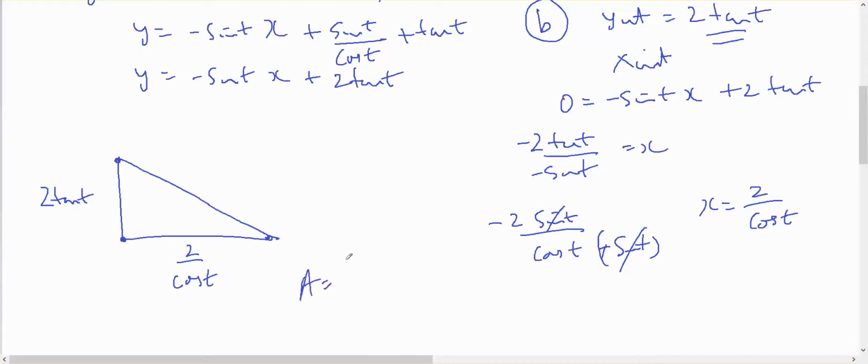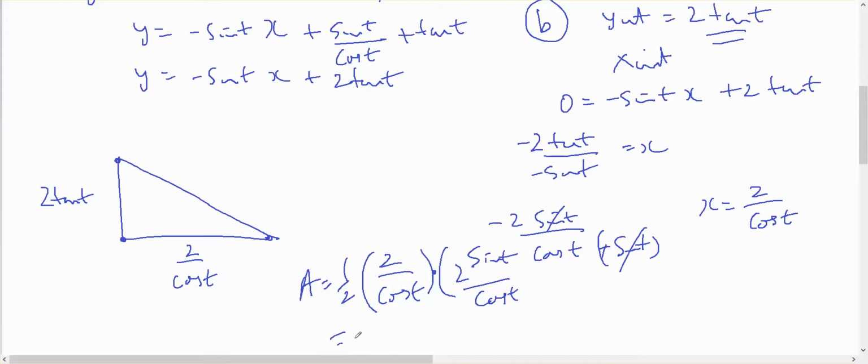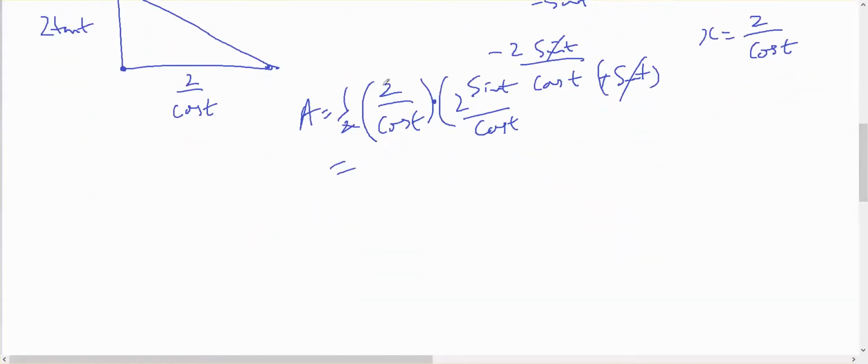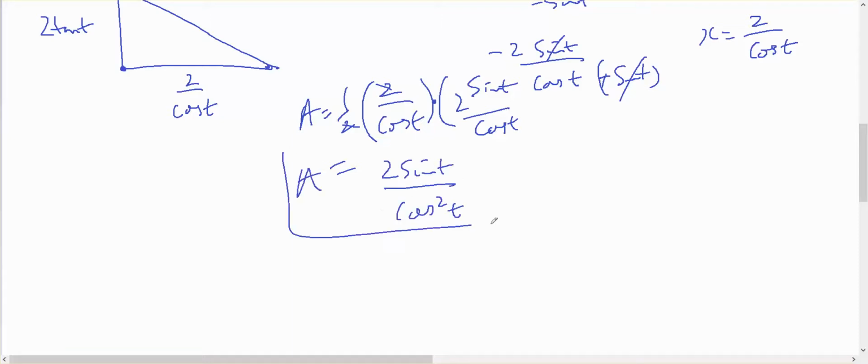So the area should be a half times the base, 2 on cos t, times the height, which is 2 sine t on cos t, and that's going to equal, 2 cancels with 2, I've got 2 sine t on cos squared t will be the area. So that's 22A and B.